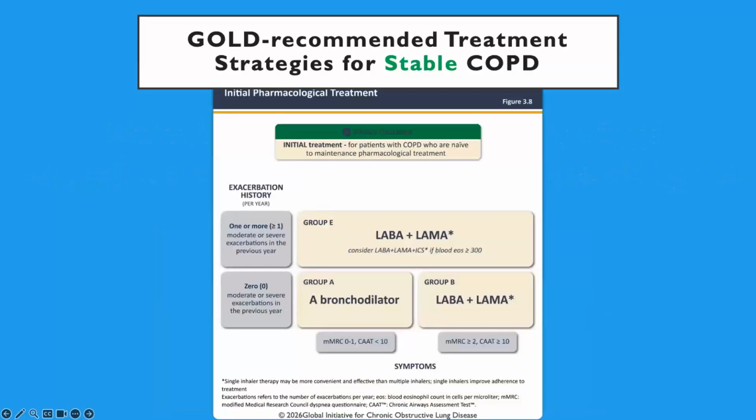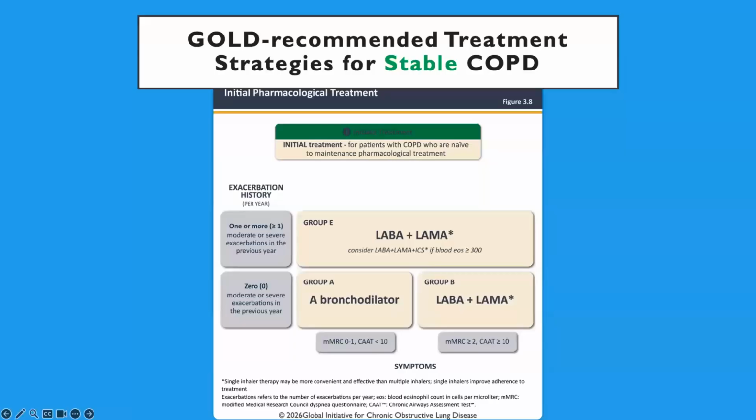Notice for the low symptom, low risk group A category of patient, a simple bronchodilator is indicated. For the higher risk patient with COPD related multi-symptoms, that would be like the group B category, the use of combination of long-acting beta agonist and long-acting muscarinic antagonist is recommended. So we're adding layers to their therapies.